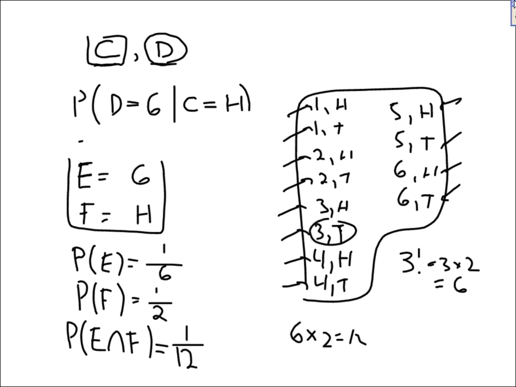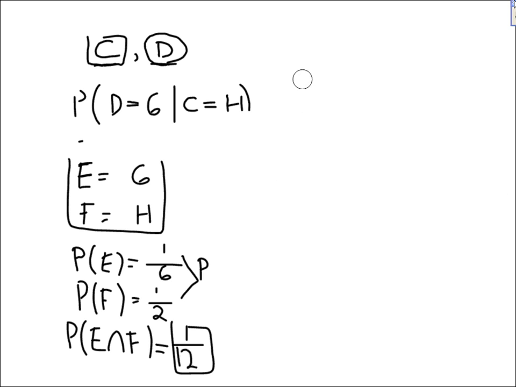Okay, and exactly one of them is a 6 and a head. So that's why I put 1 over 12 here. Now we're ready to decide. Now that we have those 3 probabilities at the bottom left corner, we need to know what to do with them.